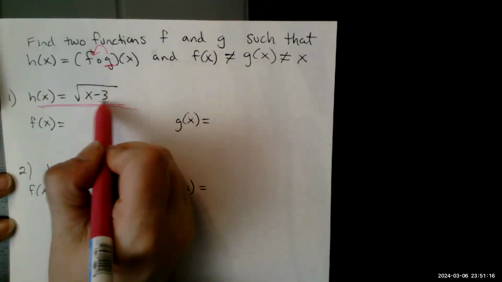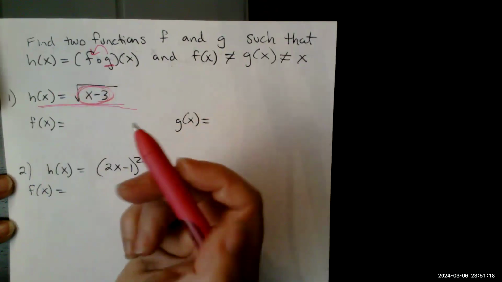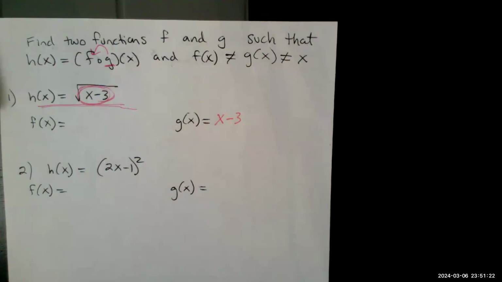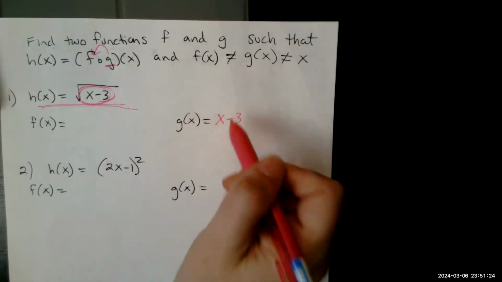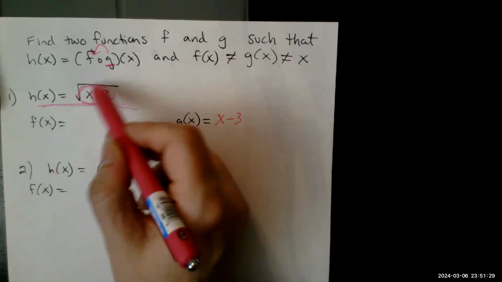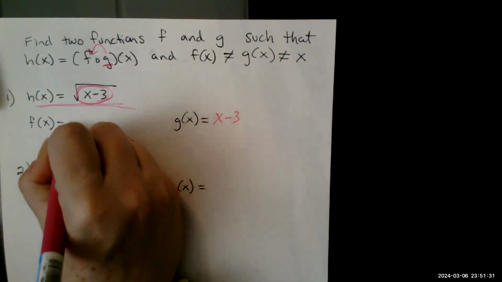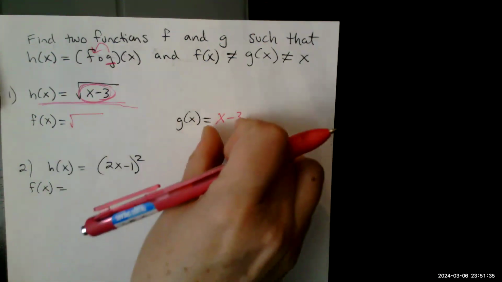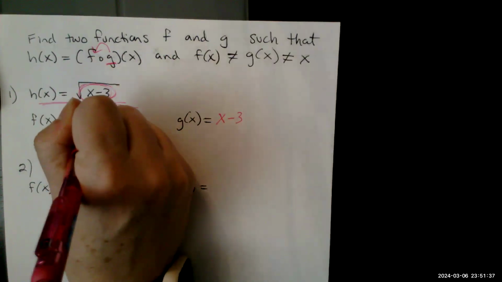So if I clearly see something that's inside of something else, I'm just going to go ahead and call that the g. And so where would I have to put this into to get this final answer? Well, wouldn't I just have to put it into something with a square root? And don't we normally plug that into the x?